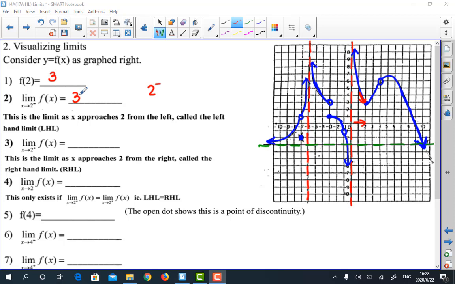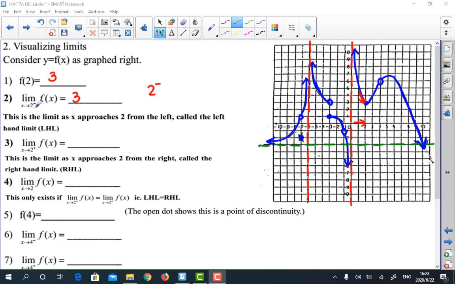From these two questions, you probably can know the difference between these two representations. The first means a function notation. This is the y value when x equals 2. When you have the limit with f of x, you're looking for the behavior around x equals 2.